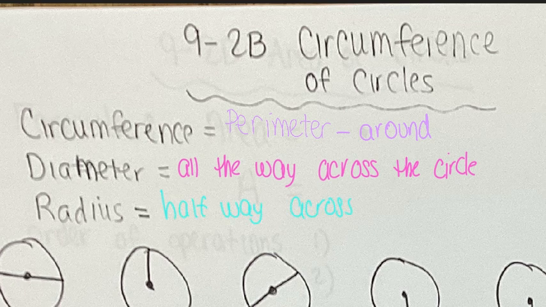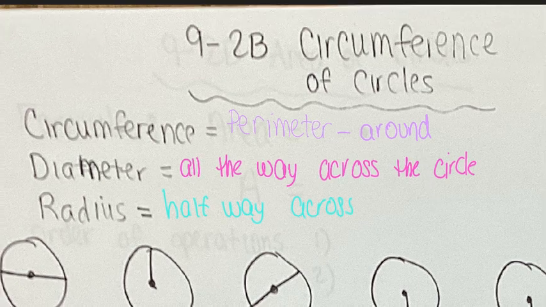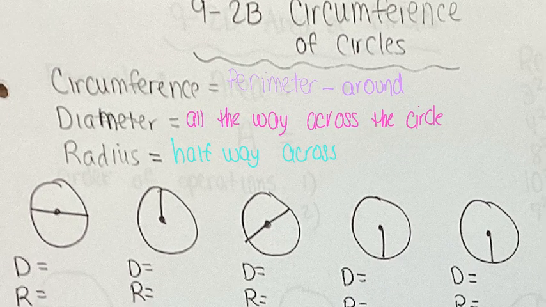The radius starts at the center and goes out, or starts on the edge and goes to the center, however you want to think about it. So I've got some pictures here. This is a diameter. It goes all the way across the circle. This is a radius. This is a diameter. This is a radius. This is a radius.